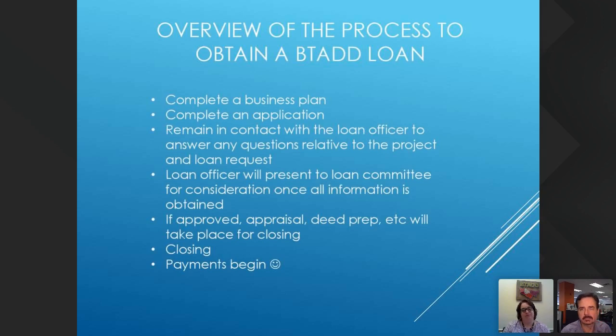If approved, the appropriate appraisals, deed preps, et cetera, will take place for the documentation of the collateral. Then, of course, we'll have a closing where funds are exchanged, and payments will begin at that point.